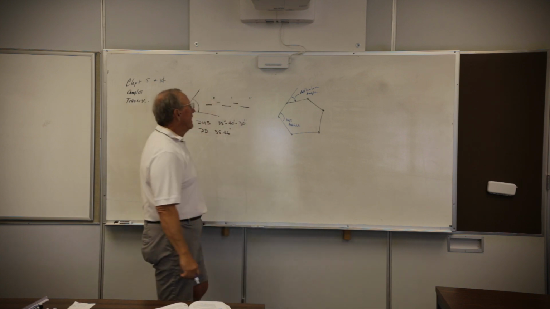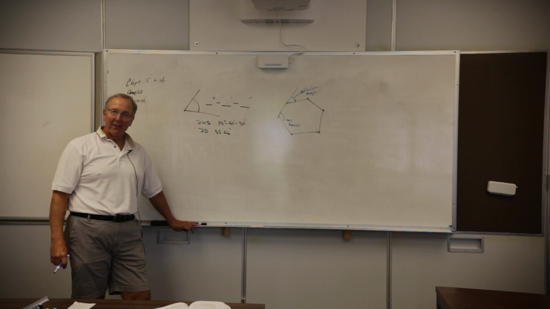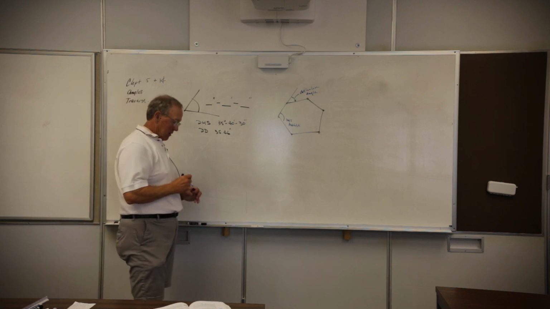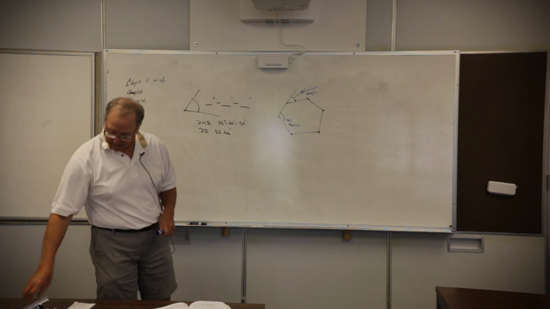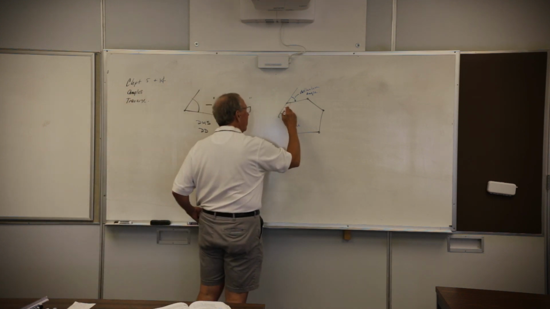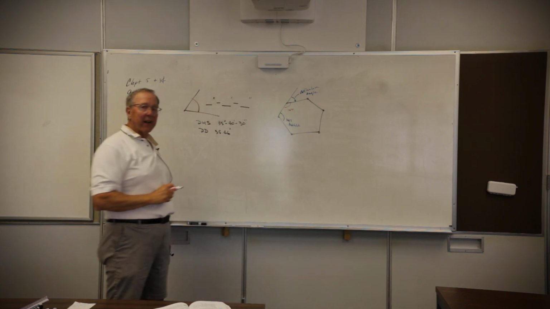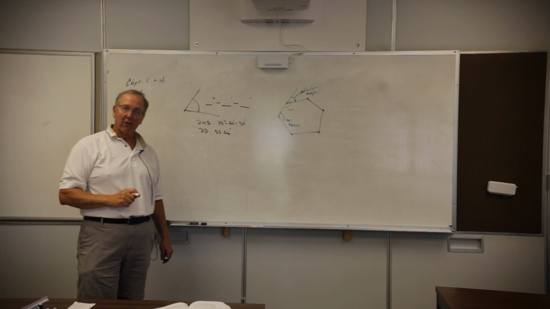Hopefully you can see that a deflection angle and an interior angle are related to each other. If you know the interior angle, all you have to do is subtract it from 180 degrees. This is the interior angle. If you know that, all you got to do is subtract from 180 degrees and you get the deflection angle.